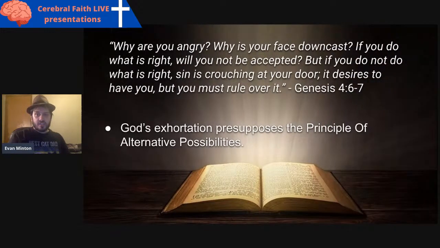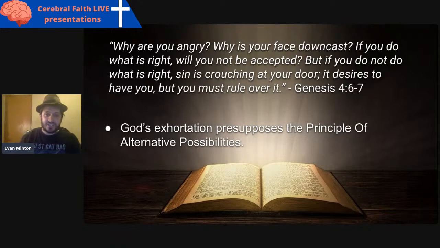God's exhortation presupposes the principle of alternative possibilities. The principle of alternative possibilities, sometimes abbreviated PAP, means that you have the ability to choose between alternative possibilities, as the name suggests.